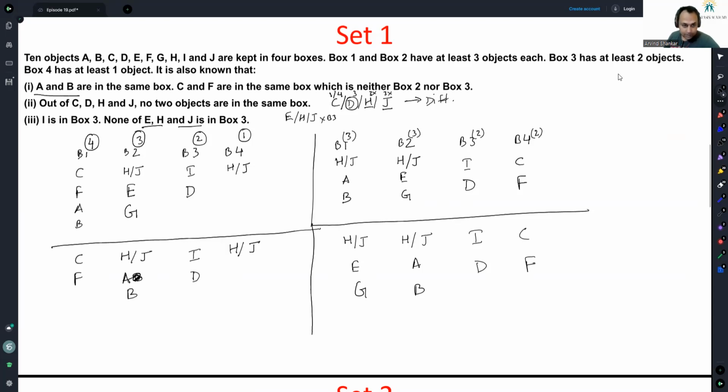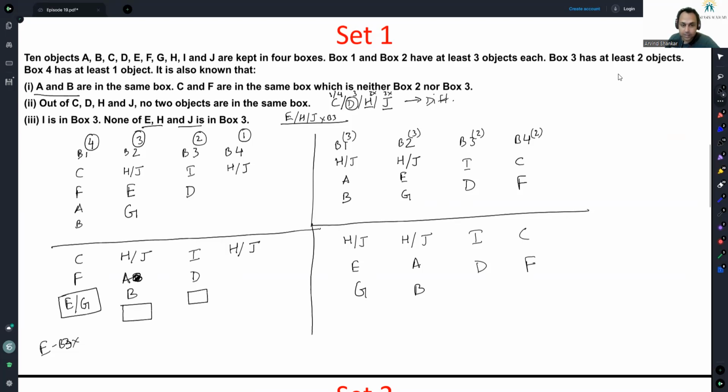But here, E and G, okay, one more item is at least needed in box 1. So between E or G, one extra item has to come here. And I know E will not come in box 3. E will not come in box 3 from the third statement. But G can potentially come in box 3 also. G can potentially come in box 2 also.